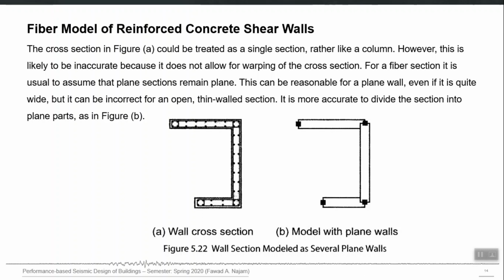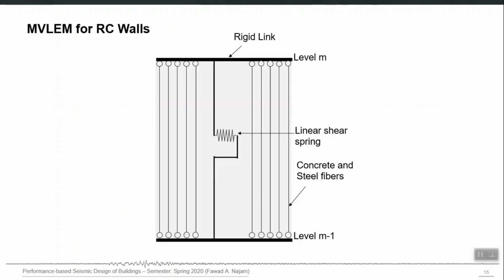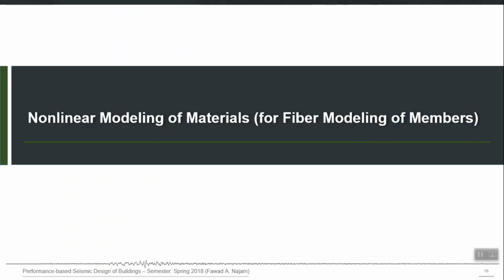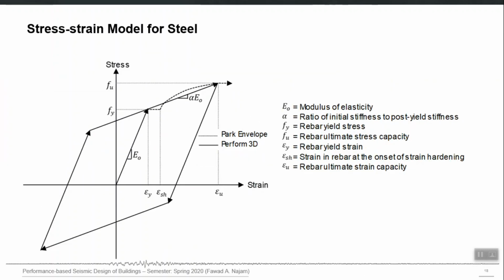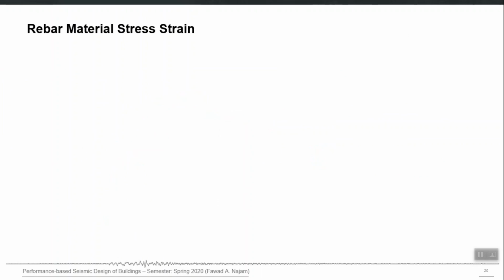The next step should be the definition of fiber sections, and the last should be assigning those fiber sections to the members, right? So obviously you must have information about material models before you start defining stress strain curves.